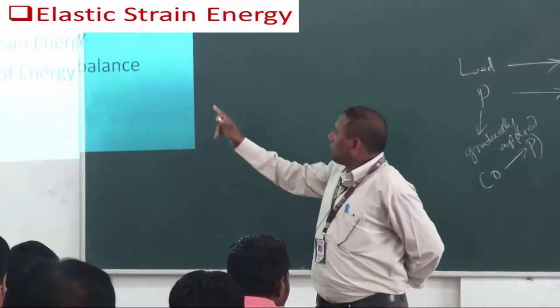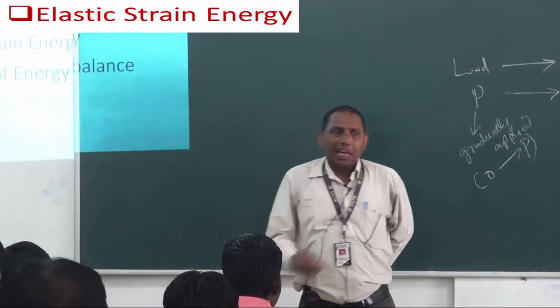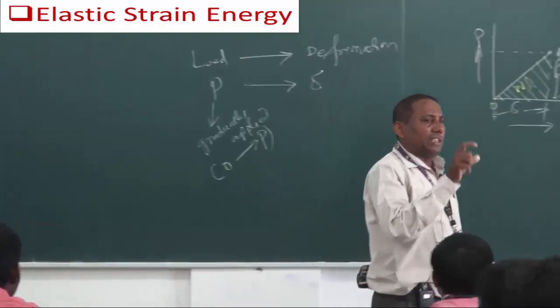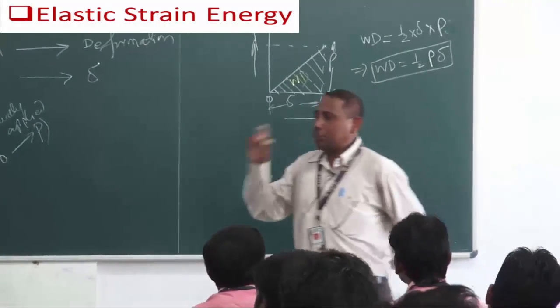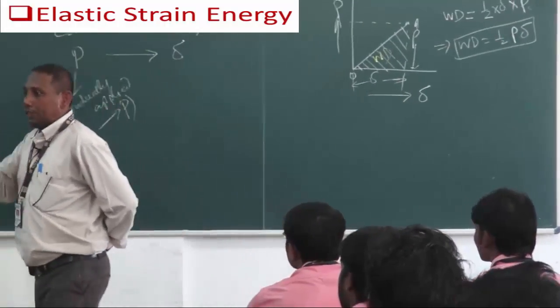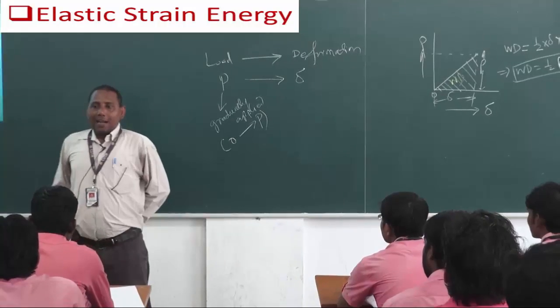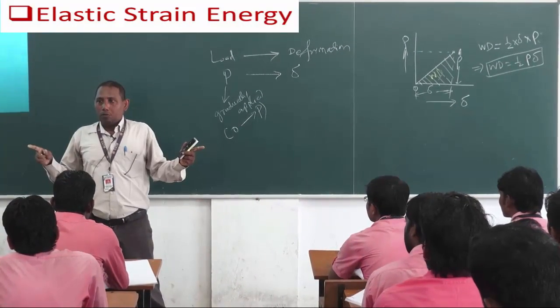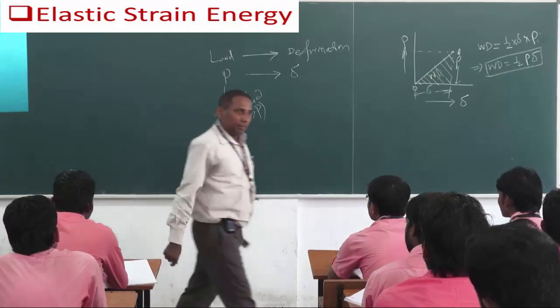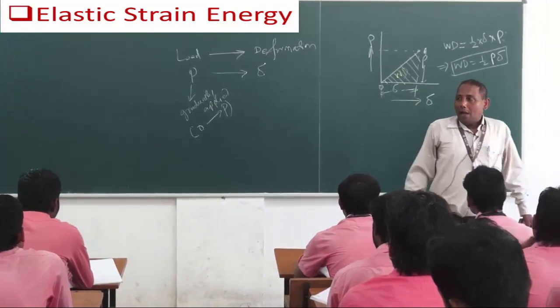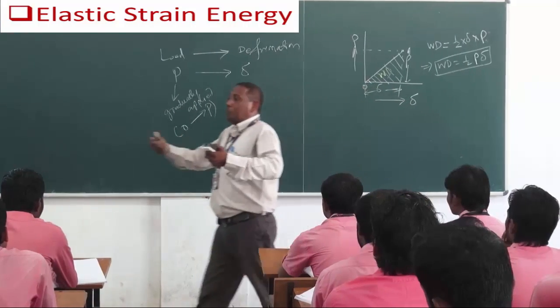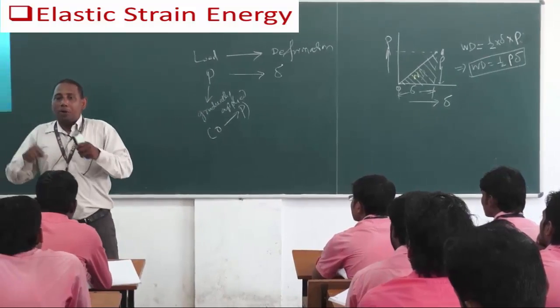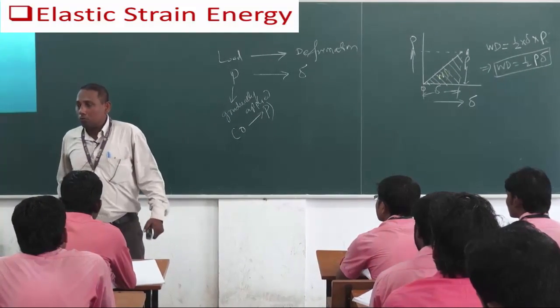So then what is the elastic strain energy? Elastic means always the body is expected to be loaded within the elastic limit, not beyond that. It is always desirable. And strain energy means we know when a load is applied, body will deform. Load produces deformation, and some internal process will be developed within the body to resist that external load.